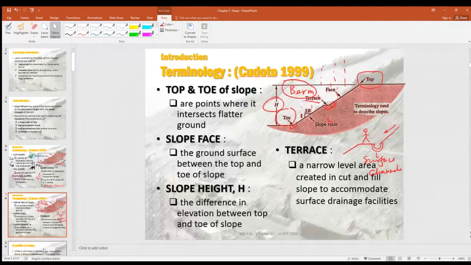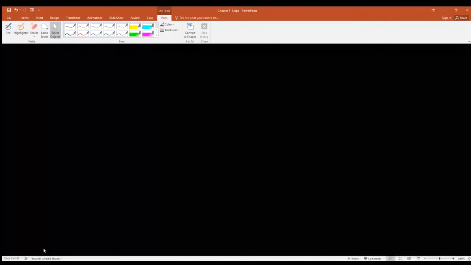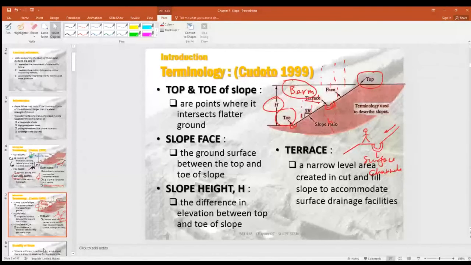So the next slide is here. The berm, right? We'll talk about the berm, the surface channel. And the dotted lines are the rainfall.